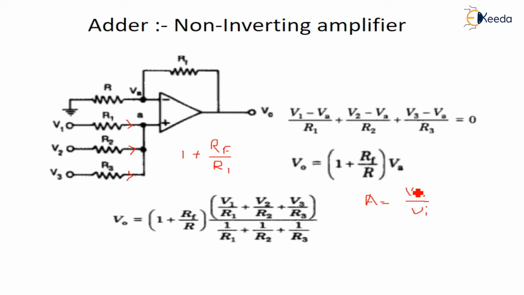The current flowing through this is IF, and IF is equal to V out divided by RF.